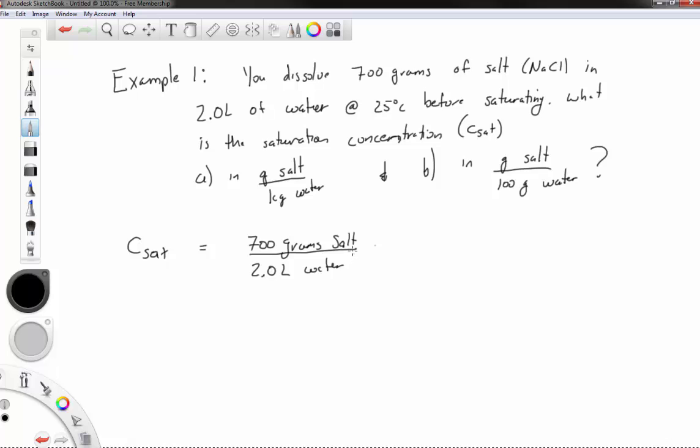All right, and we have to basically convert this into kilograms of water. So the density of water, recall, is 1.00 kilogram per liter, or if you would like, it's 1 gram per milliliter. So we multiply these things together, we divide by the 2, and what you end up with is 350 grams of salt per 1.00 kilogram of water.